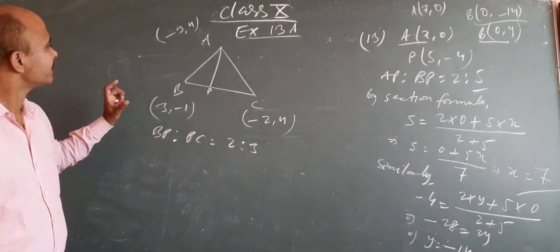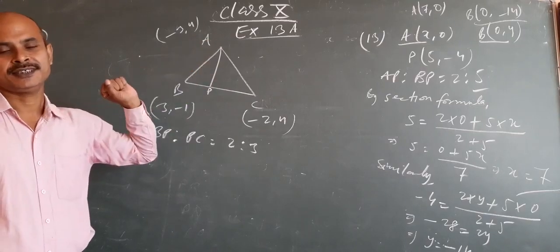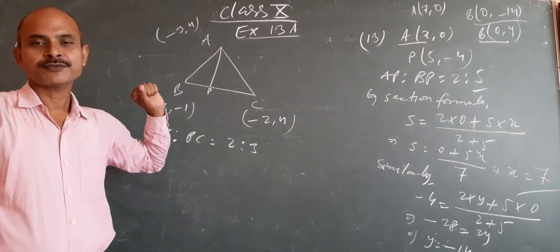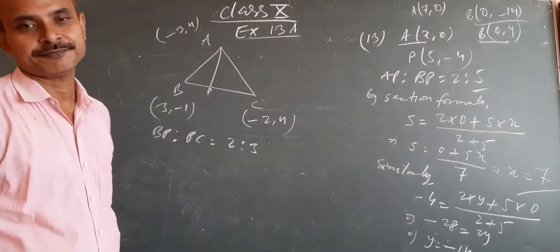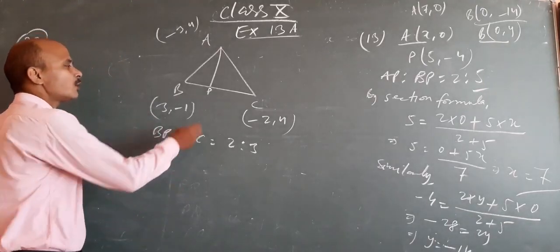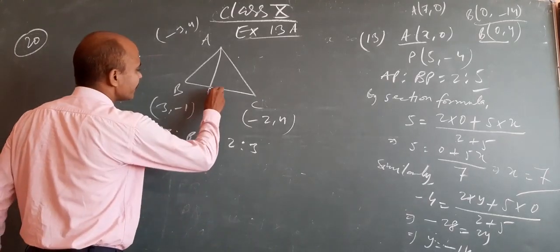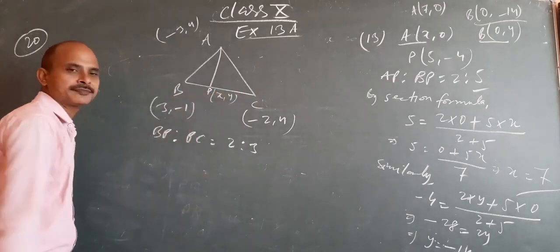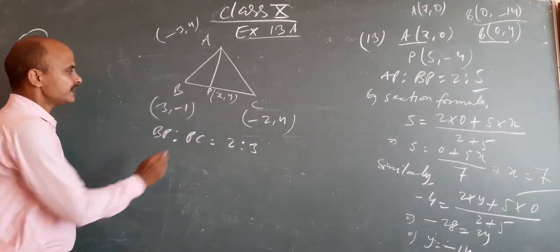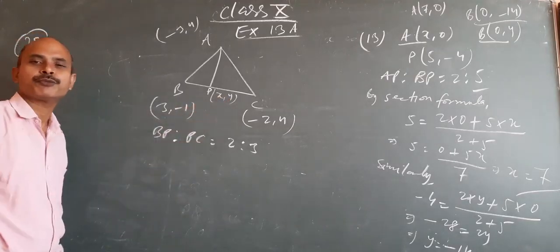We have to find the distance between A and P, that is AP. For this, we will use the distance formula. But before that, we must know the coordinates of P. Let the coordinates of P be (x, y). Coordinates of B and C are known. This ratio is known, 2:3. We can find the coordinates of P.